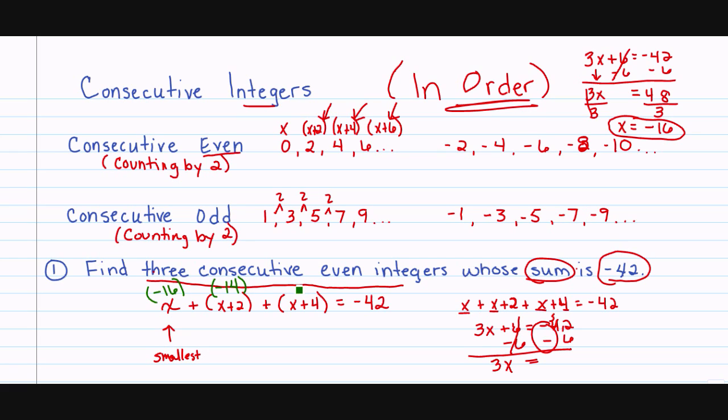And then negative 16 plus 4 would be negative 12. And if I added negative 16, minus 14, and then minus 12, I would get negative 42.